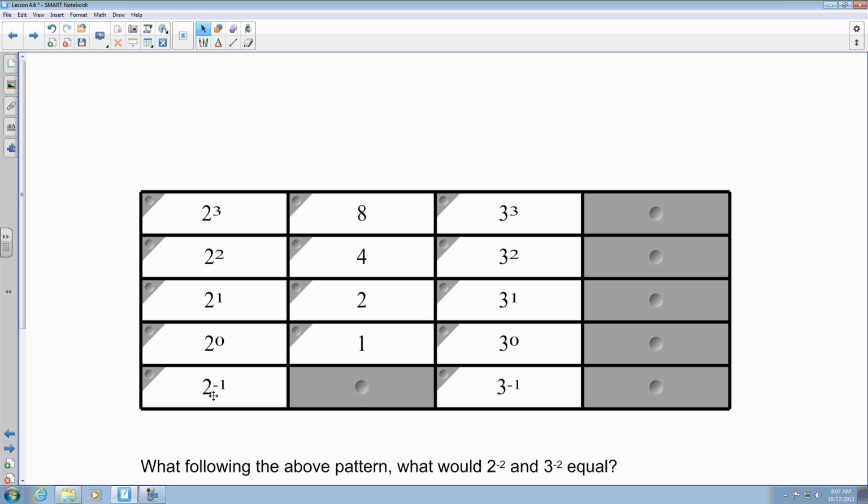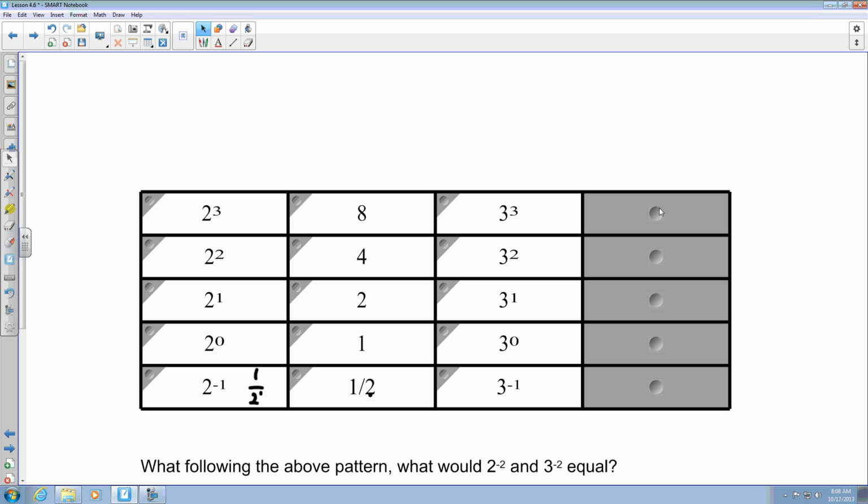And 2 to the negative 1 power means I bring this to 1 over 2 to the first power, which makes it 1/2. So 2 to the negative 1 power gives me 1/2.